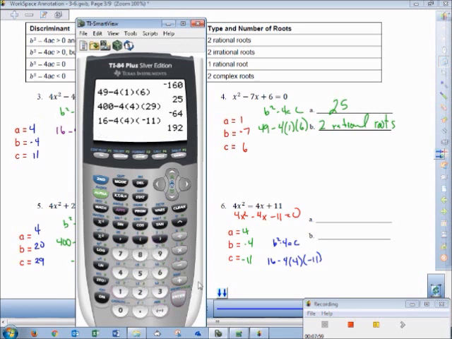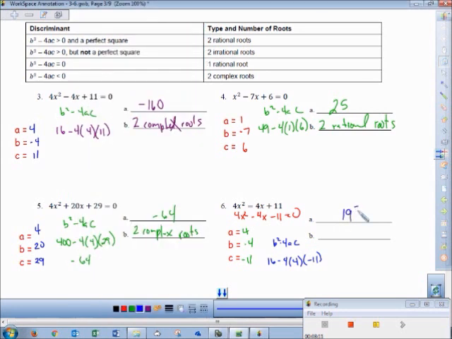Boom. 192, which is not a perfect square, but it is positive, so that's two irrational roots. So, pretty simple. Just kind of memorize this situation right here, and we can continue.